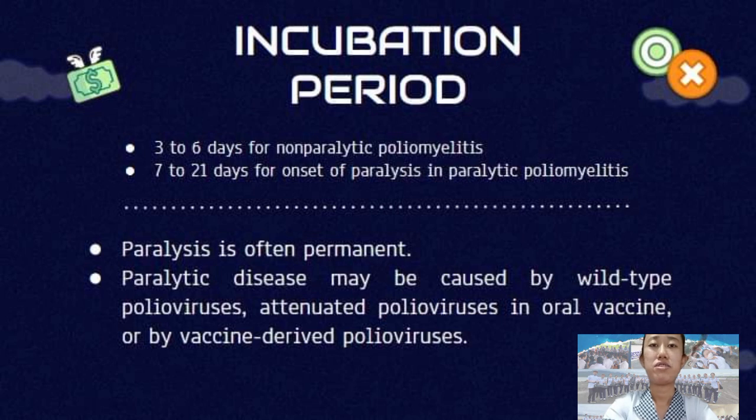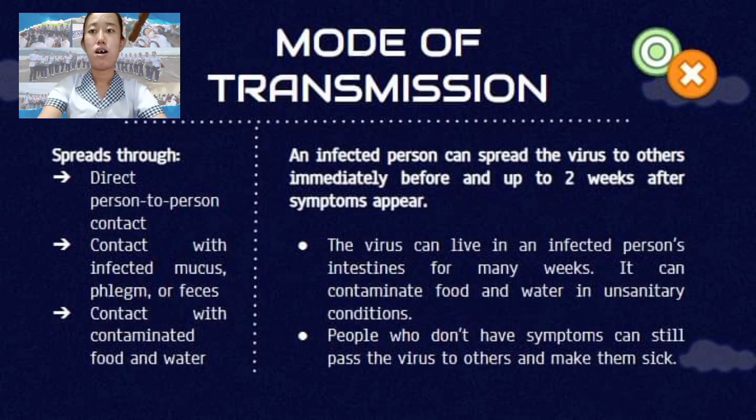Paralytic disease with similar clinical manifestation may be caused by naturally occurring wild-type polioviruses, by the attenuated viruses contained in the oral poliovirus vaccine or the Sabin strain on extremely rare occasions, or by the vaccine-derived polioviruses or the VDPVs, which are Sabin vaccine strains that have reverted and acquired the virulence and transmissibility of wild polioviruses.